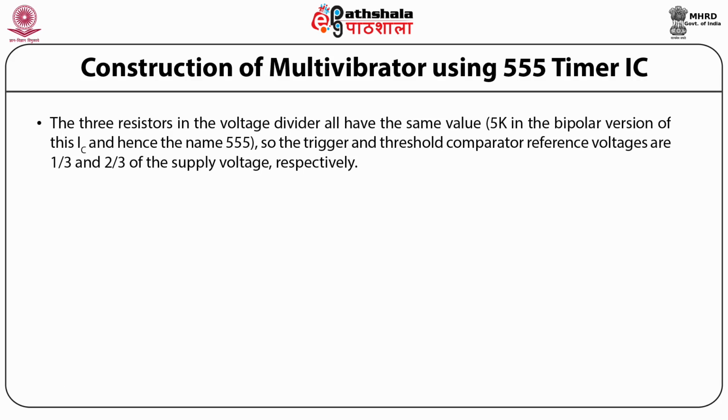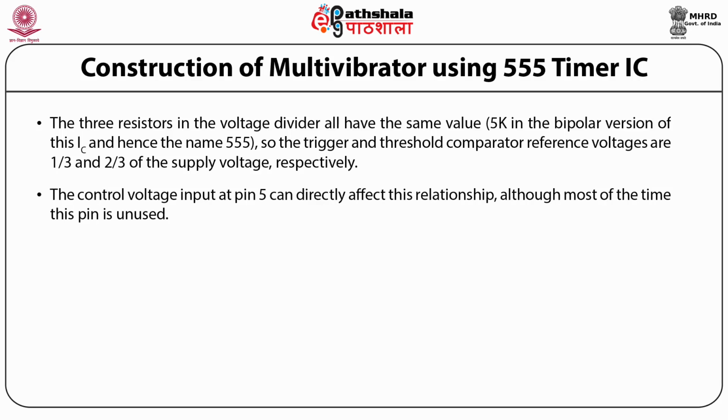The three resistors in the voltage divider have the same value, that is 5K in the bipolar version of this IC, and hence the name 555. So for the trigger and the threshold comparators, the reference voltages are 1/3 and 2/3 of the supply voltage respectively. The control voltage input at pin 5 can directly affect this relationship, although most of the time this pin is unused.